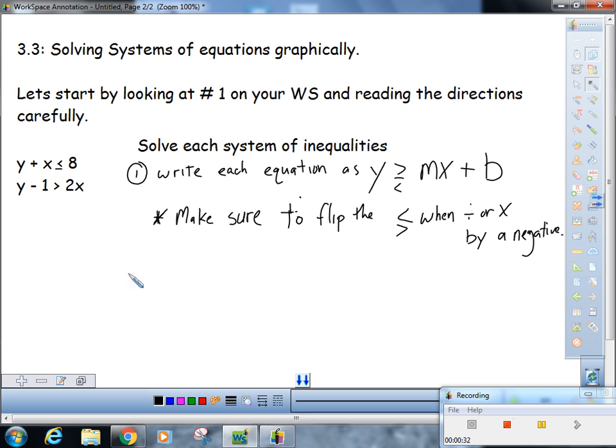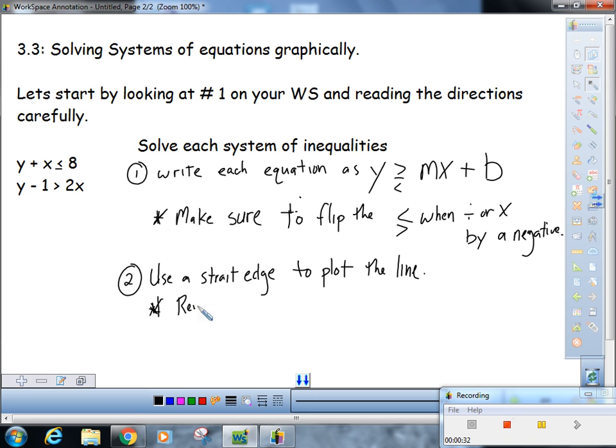Step two. Use a straight edge to plot the line. Asterisk.